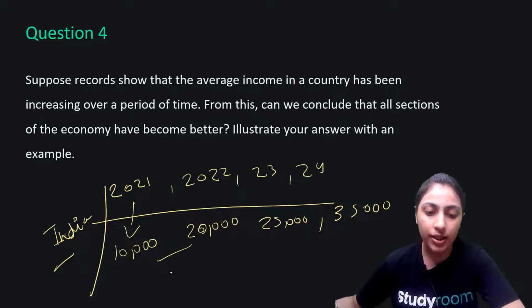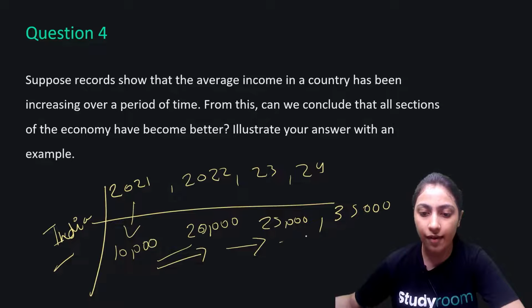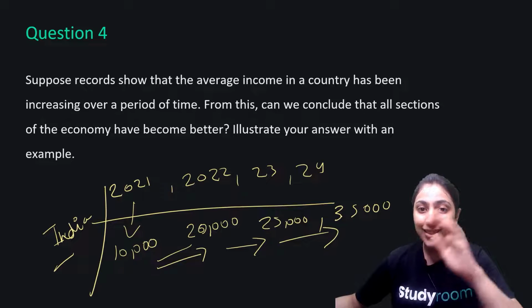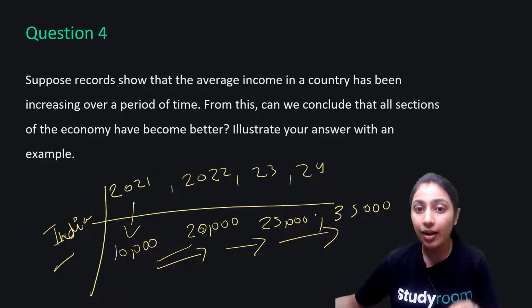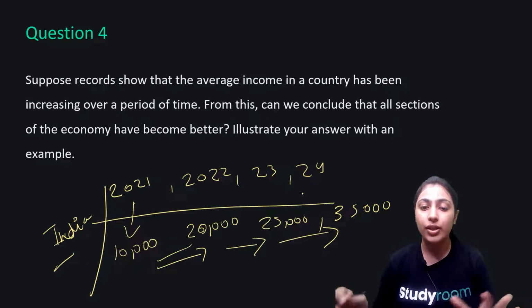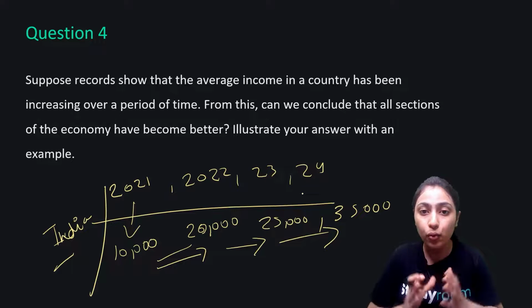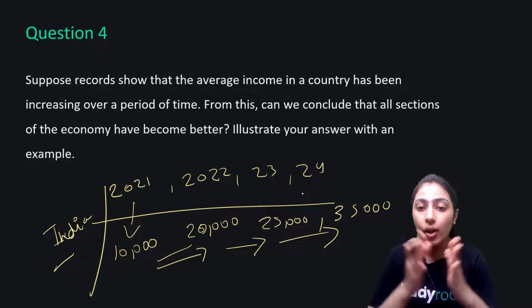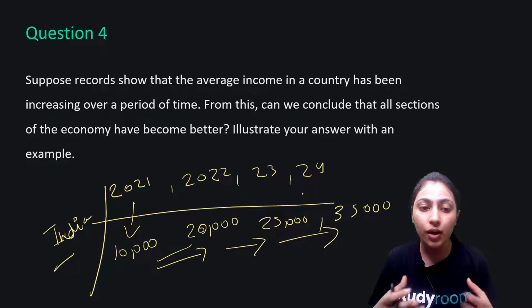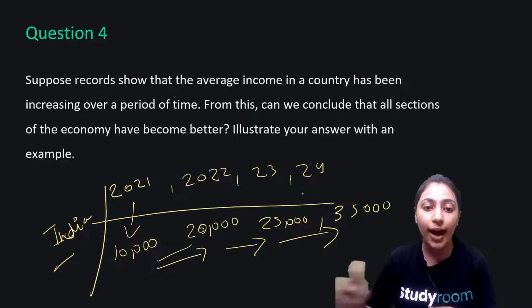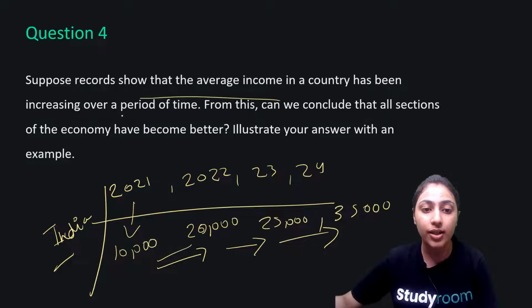So you can see that yes, there is a hike every year. That means something is developing. There is a development there. This question will generally come, and all they are asking is to illustrate your answer with an example where you can justify this statement.